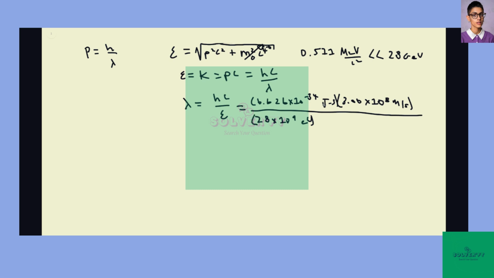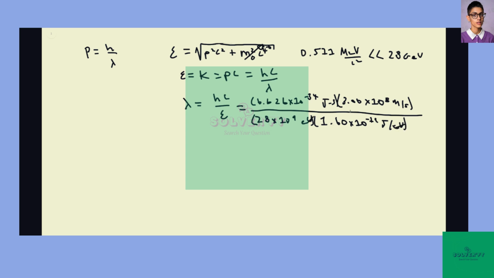Now we need to be in units of joules, so we'll convert that by multiplying it by the relation of 1.60 times 10 to the minus 19 joules per electron volt.